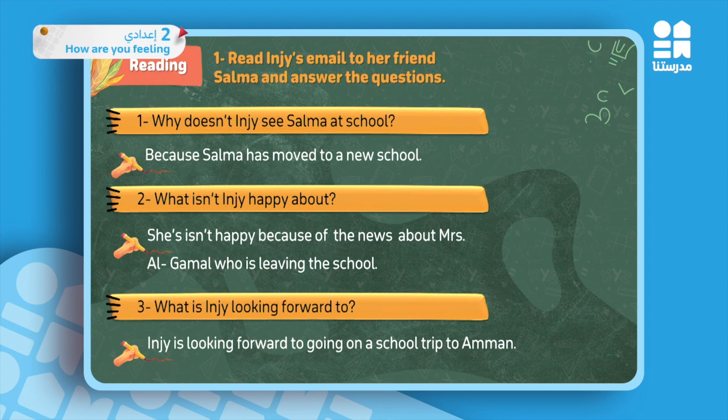So I am looking forward to, برغم ان انا عندي to, and we know that to most of the time is followed by infinitive, او to لازم تبقى بعدها verb في المصدر، بس احنا the expression لازم يبقى بعديه noun او gerund، اسم او gerund يعني verb في ing. Okay, always remember this tip. So what is she looking forward to? She's looking forward to going on a school trip to Amman.